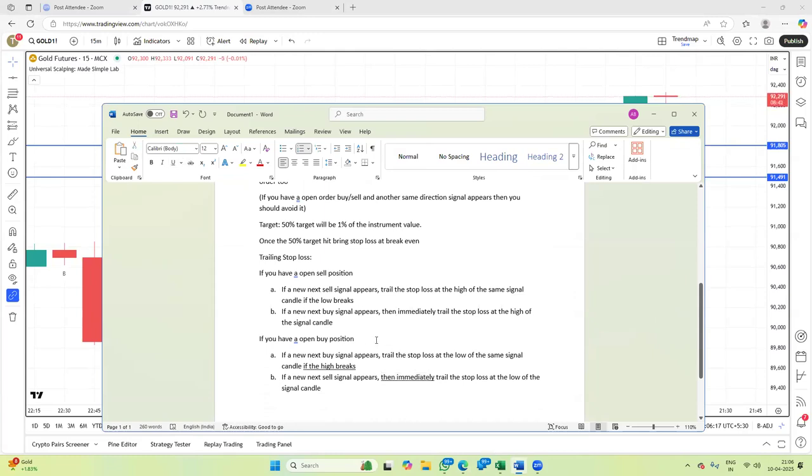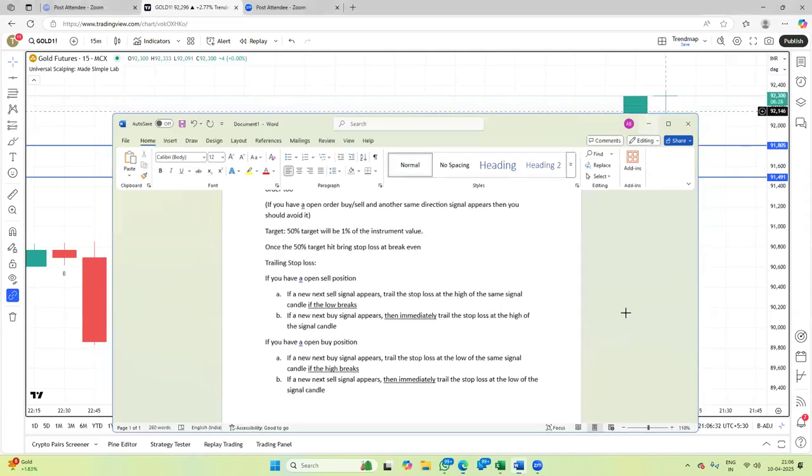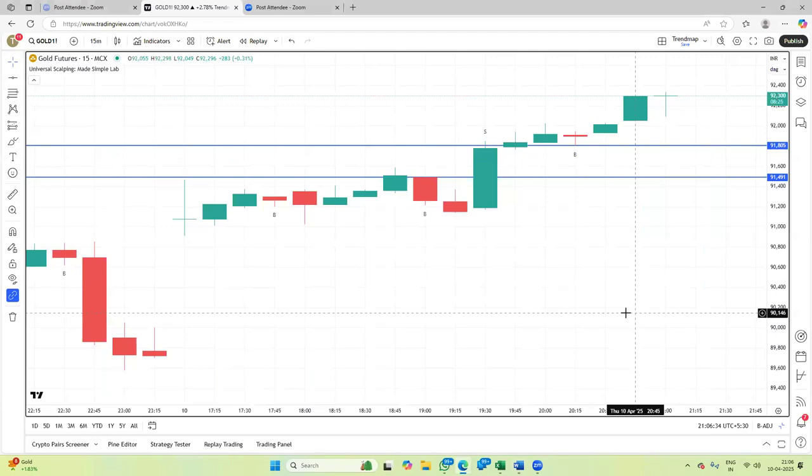Similarly, here, this word is important and needs to be underlined. So you can understand when to do it immediately and when we need to wait for a breakout. Ideally, if the same-direction signal appears, then you have to wait.